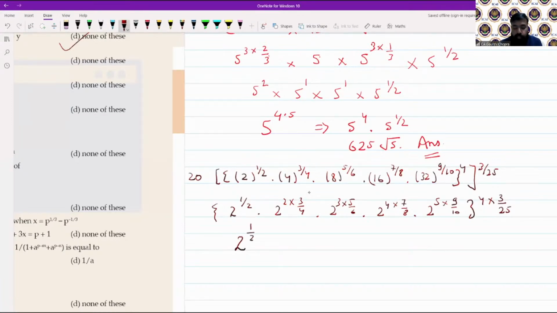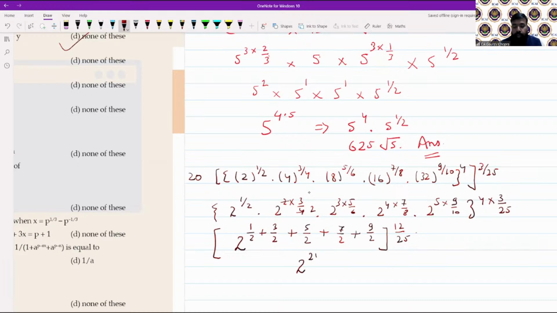2 is having power half plus. Now we can cancel 2 and 4, it will be 3 by 2. Then 3 and 6 will get cancelled, 5 by 2. 4 and 8 will get cancelled, 7 by 2. 5 and 10 will get cancelled, 9 by 2. And then the whole to the power of 12 by 25. So see, now the power is 1 plus 3 plus 5, that is 9, plus 9, 18, and plus 7, 25.